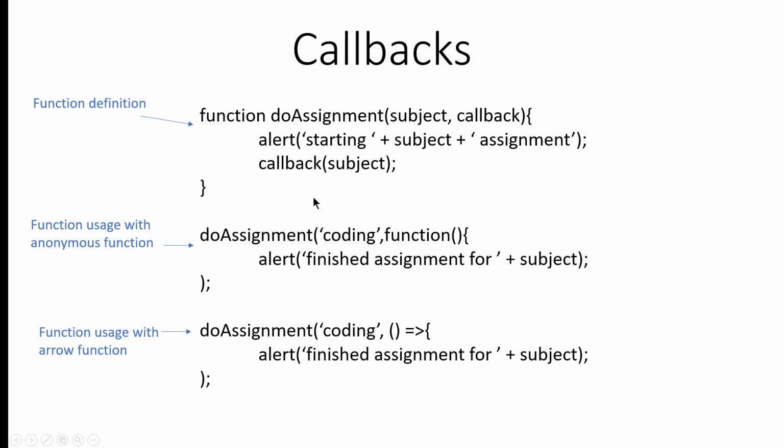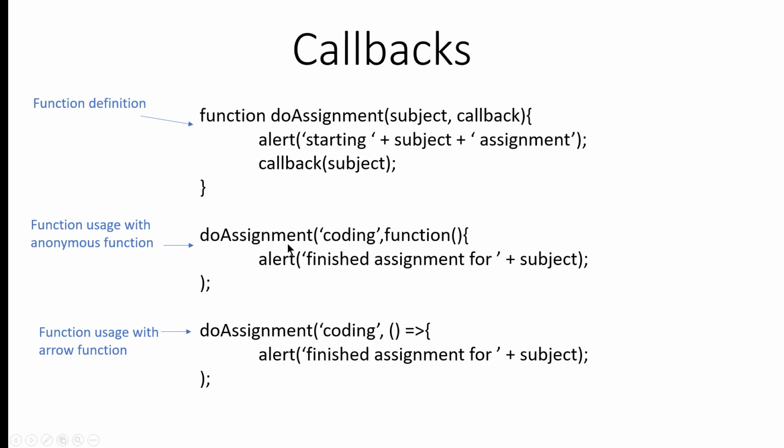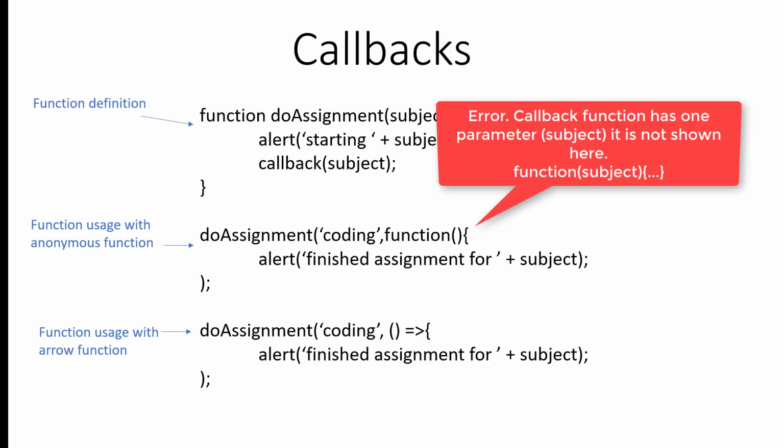More normally, you won't see named functions like we have seen just back here, where we have our callback function as a named function that we reuse. We'll probably see them done as anonymous functions. In this case, assignment and coding is the subject we're passing in, and rather than referencing a named function, we will be calling this anonymous function.